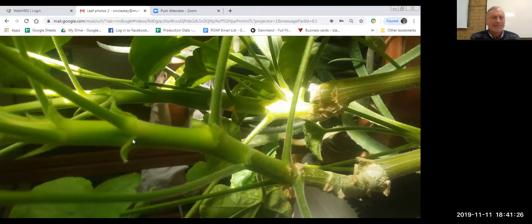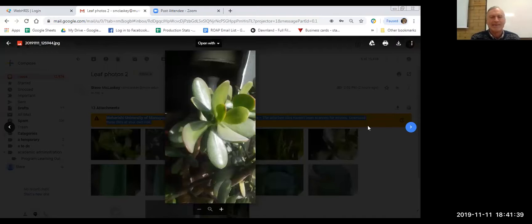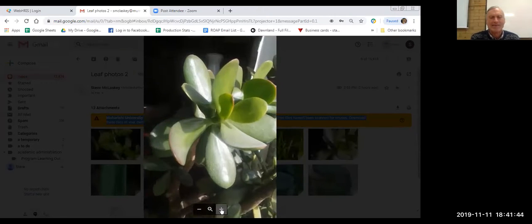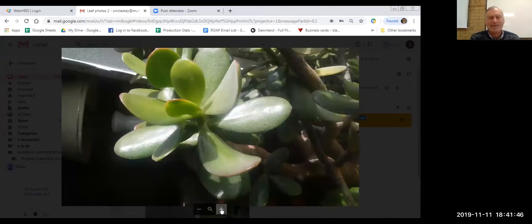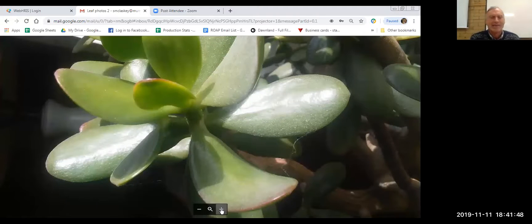And it's also got these little leaf-like things here. They're not really leaves, but some plants have that kind of thing. Oh, there's another look at the jade plant. So what kind of an apex does this leaf have?